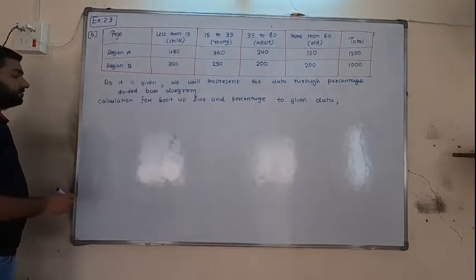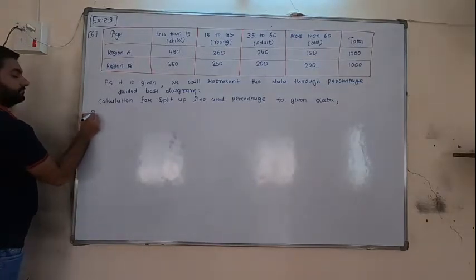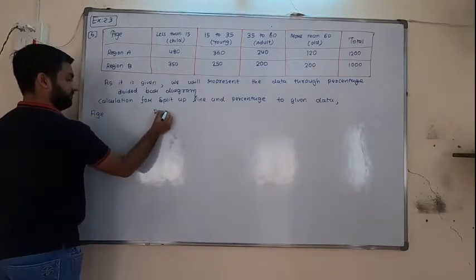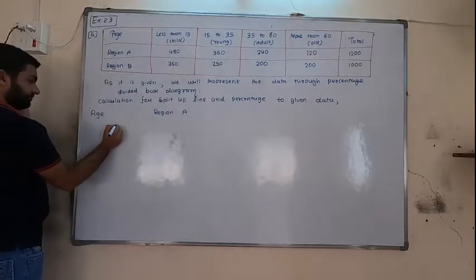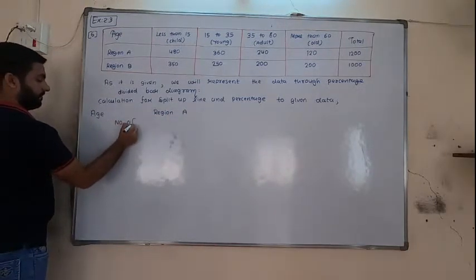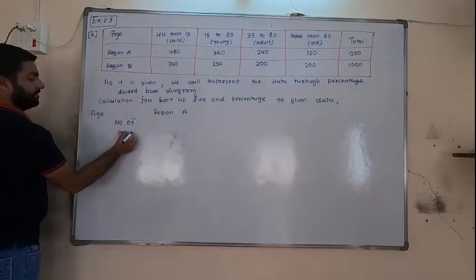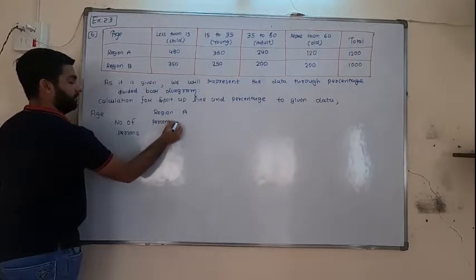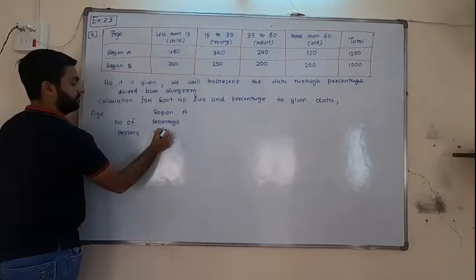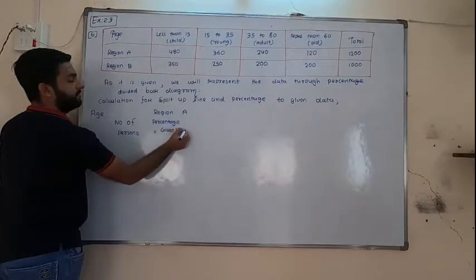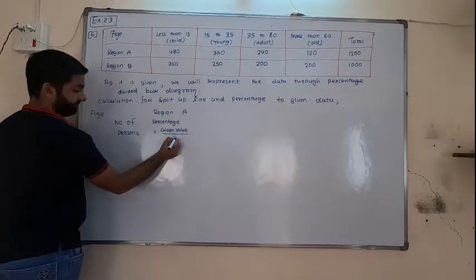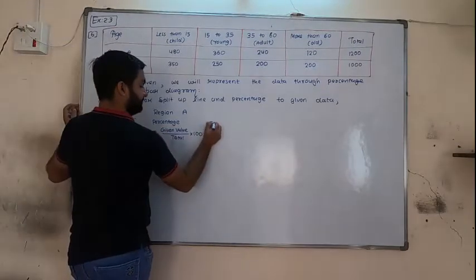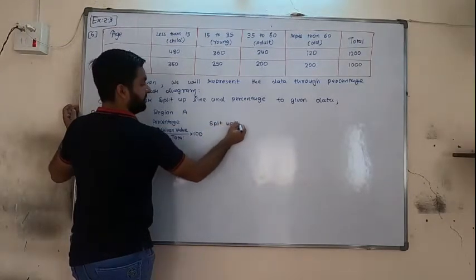Okay, now I am drawing the columns. Age, region A, number of persons, percentage is equals to given value divided by total into 100, split up line.